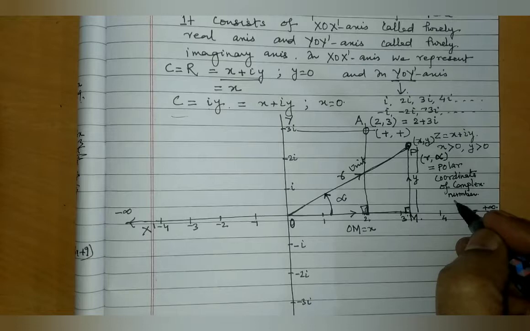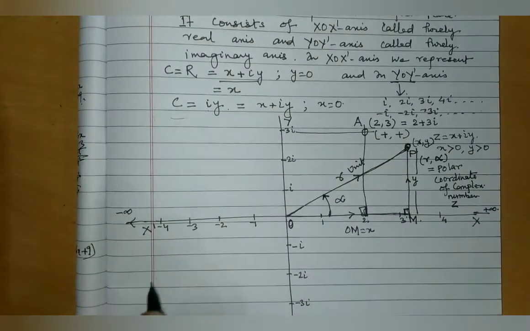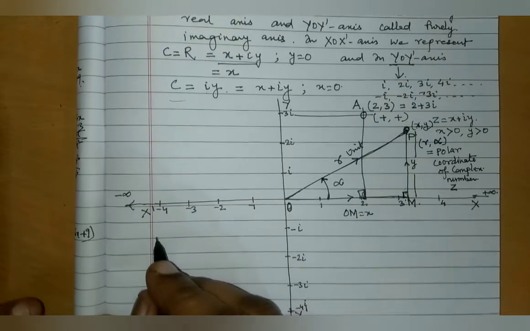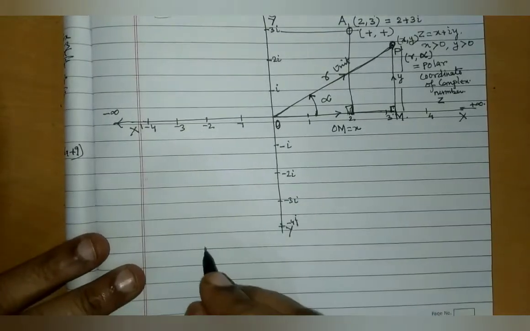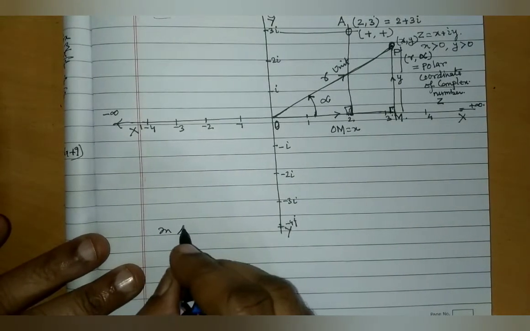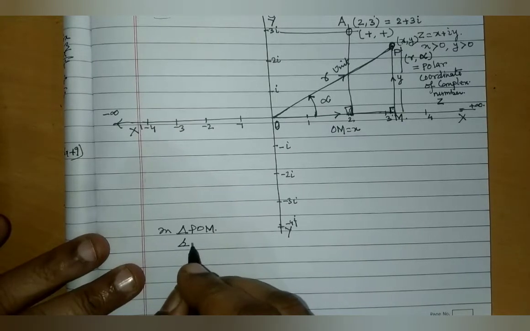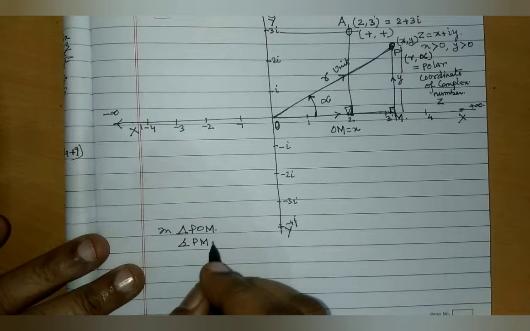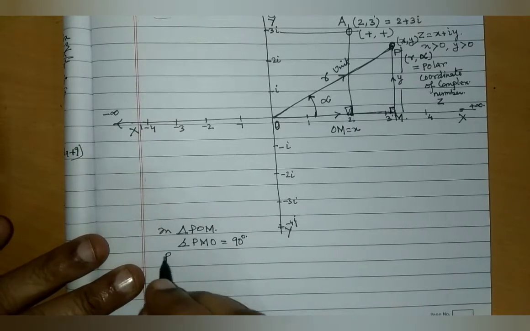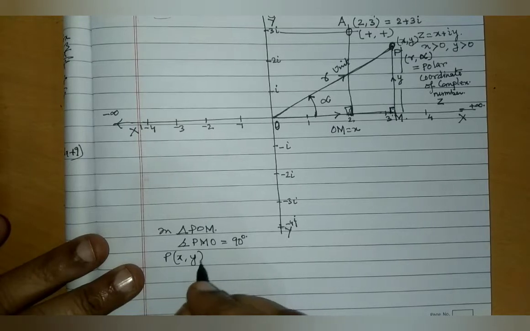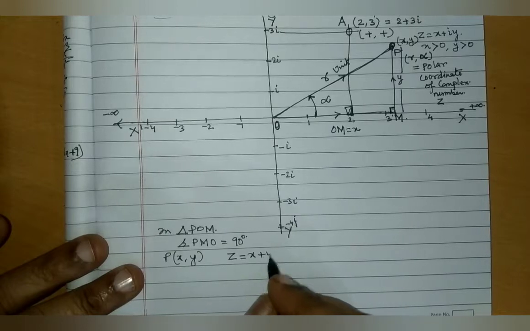This complex number here is z. So now see here, I am writing in triangle POM, angle PMO is equal to 90 degree, and P having the coordinate x comma y, representing a complex number x plus iy.